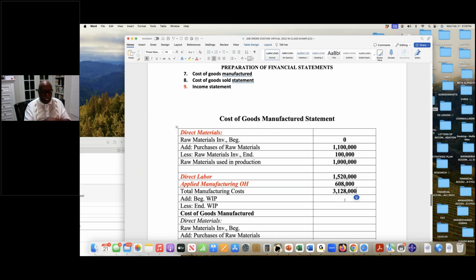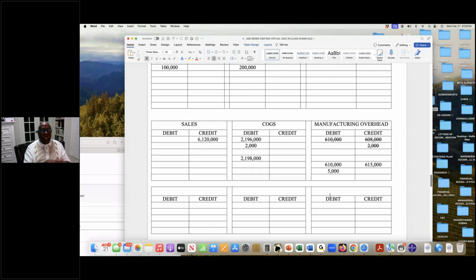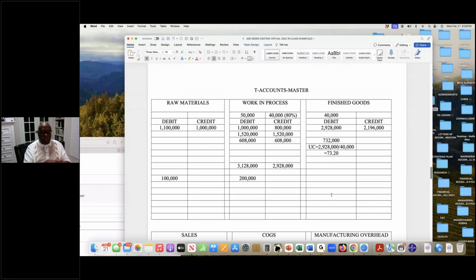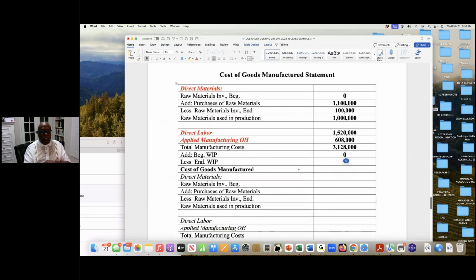We didn't have any beginning work in process inventory, but you had an ending work in process inventory. So we're going to go to that T account for work in process, and it says 200,000 was there. And what you notice too is those numbers are in this T account. So the ending work in process inventory is 200,000.